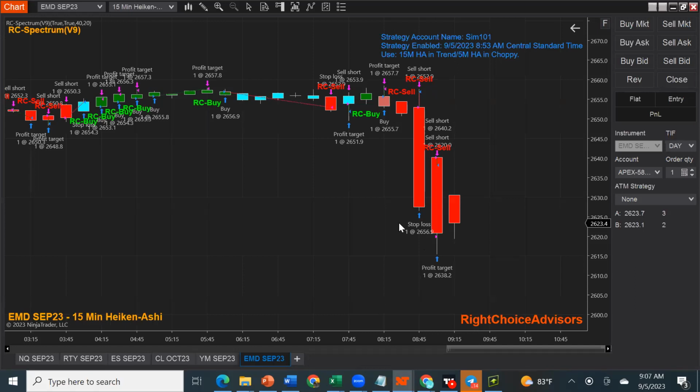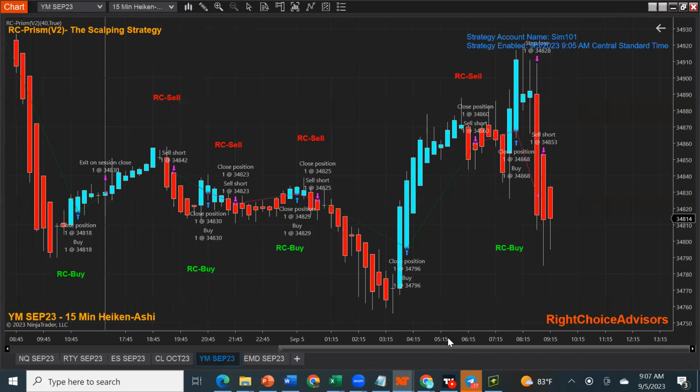Generally we'll have 75 to 80% success throughout the day when we use this Spectrum strategy. Even though we have 20% losses, they will be covered by the number of gains. It is the same story with EMD or whatever. With YM, RTY, you see a similar type of success.